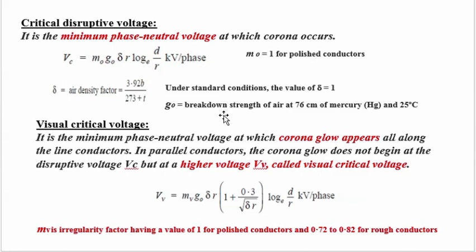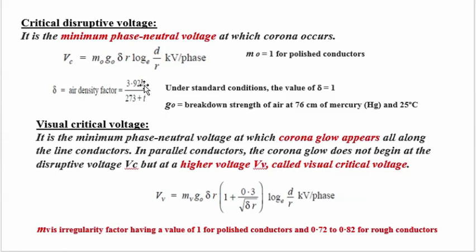Next we have sigma. In the standard conditions, the value of sigma will be 1. Sigma is basically the air density factor, which is given by 3.92 × b divided by 273 + t.